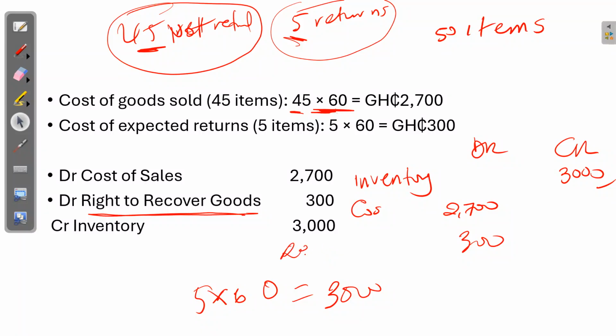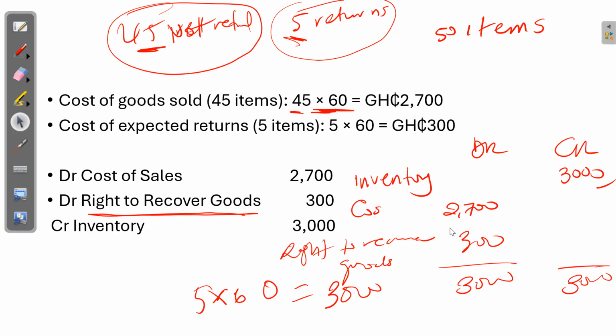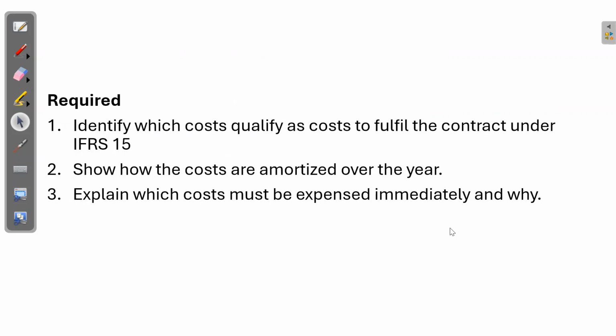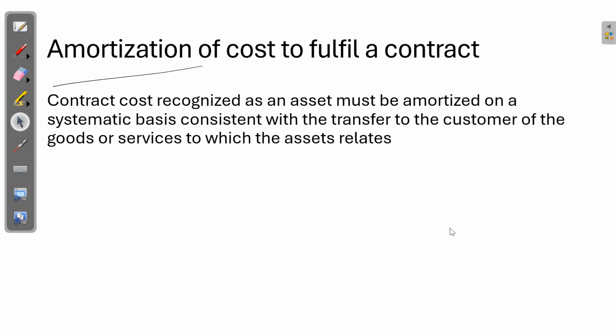So that's how we go about sale or return. I think that's it for IFRS 15. So we are done with IFRS 15.